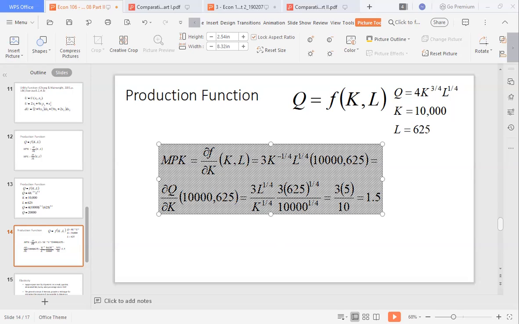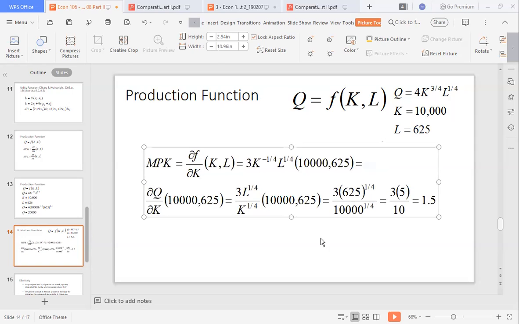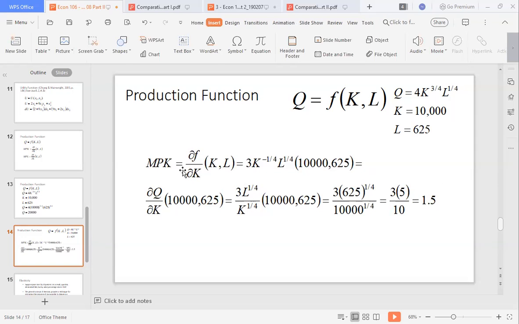Okay, here. This is probably the complete one. The first thing that we did was we got the MPK, holding L constant here. We put K and L on the side for a while. The next thing that we did was make the exponent positive, so we bring that one down.